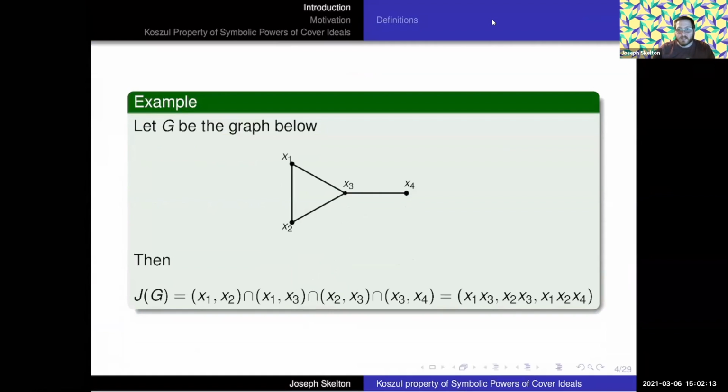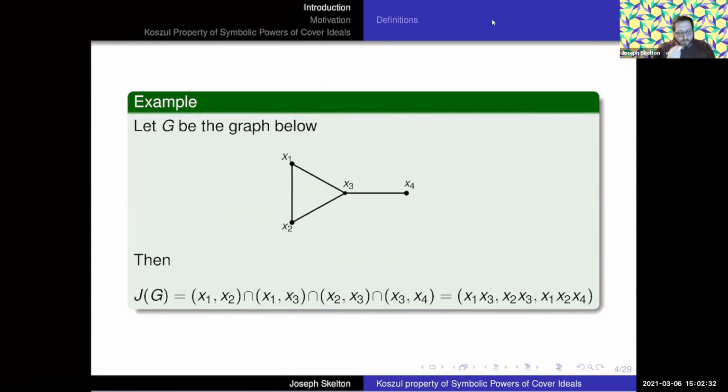To see what that all looks like, here's a graph. For each edge, x1, x2, you get that ideal; x2, x3, you get that ideal; x3, x4, you get that ideal, and so on and so forth.